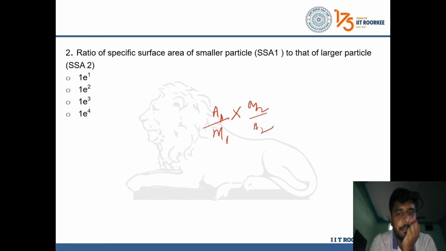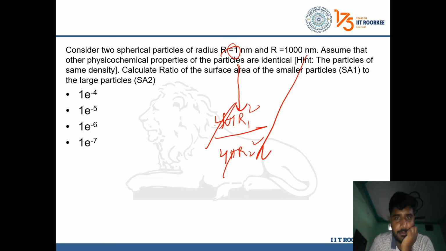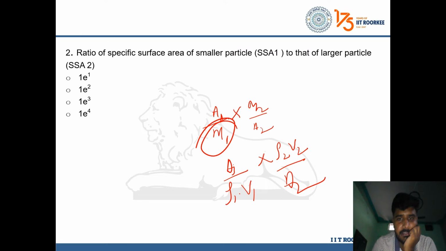Area you can write as 4 pi r square, and mass you can expand into volume times density. In this particular question, the particles have the same density, so these terms, rho 1 and rho 2, will be cancelled out. The rest of the question you can solve as you want.